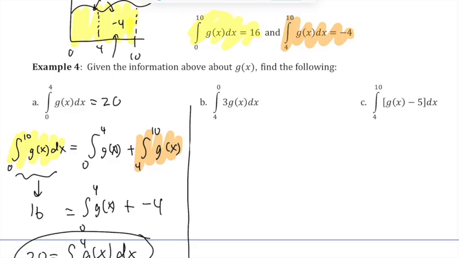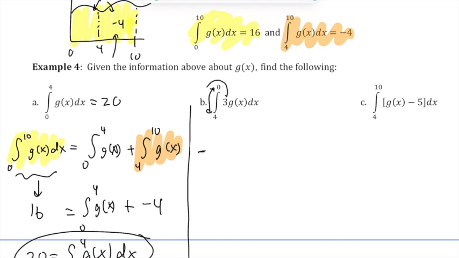Now, part B, notice that part A gave us 0 to 4, and this is asking us from 4 to 0. So we're going to use this answer to answer part B. So if I flip my boundaries, this is going to be negative.